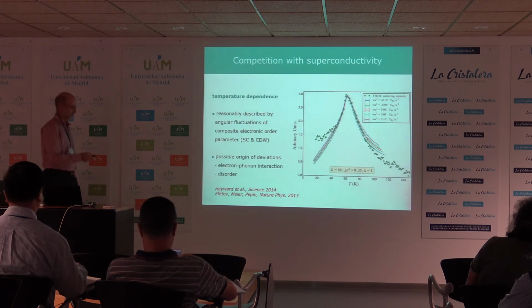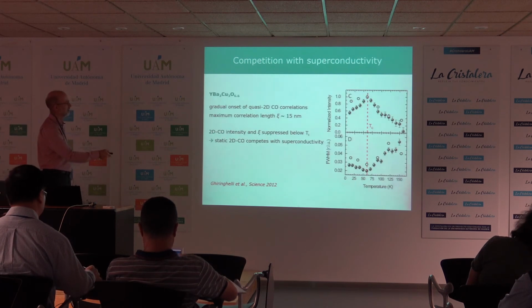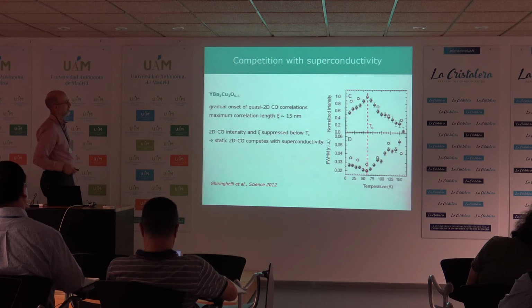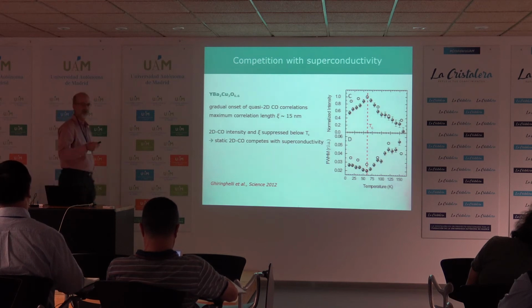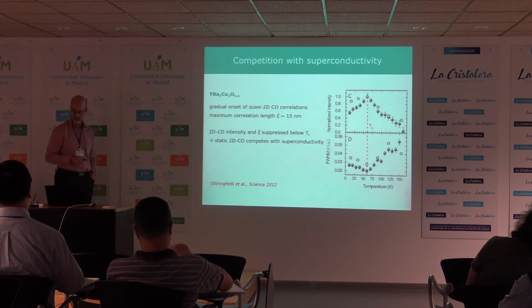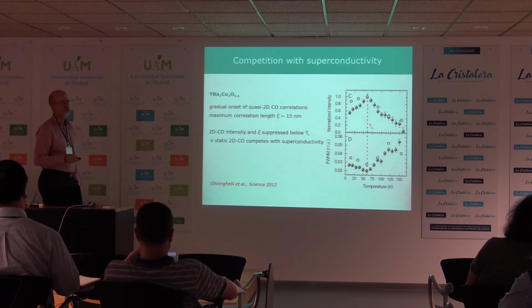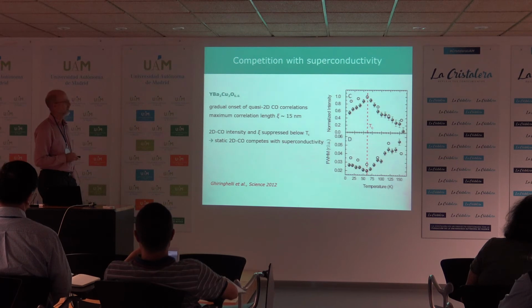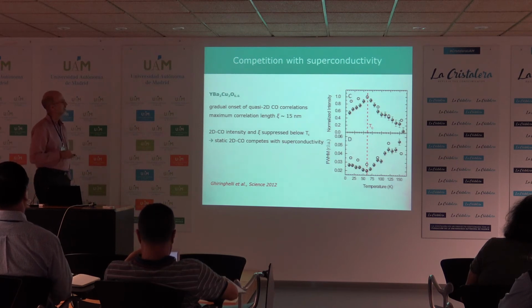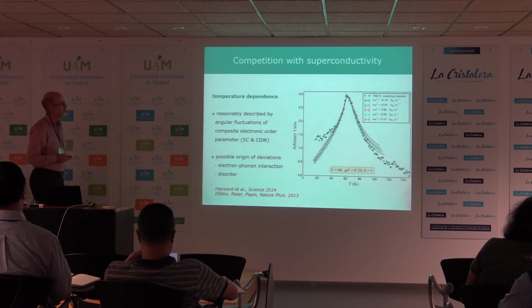So there's actually this cusp here at TC, and when you look at Landau-Ginzburg-Landau models, it's not so easy to reproduce this kind of cusp in an order parameter temperature dependence.